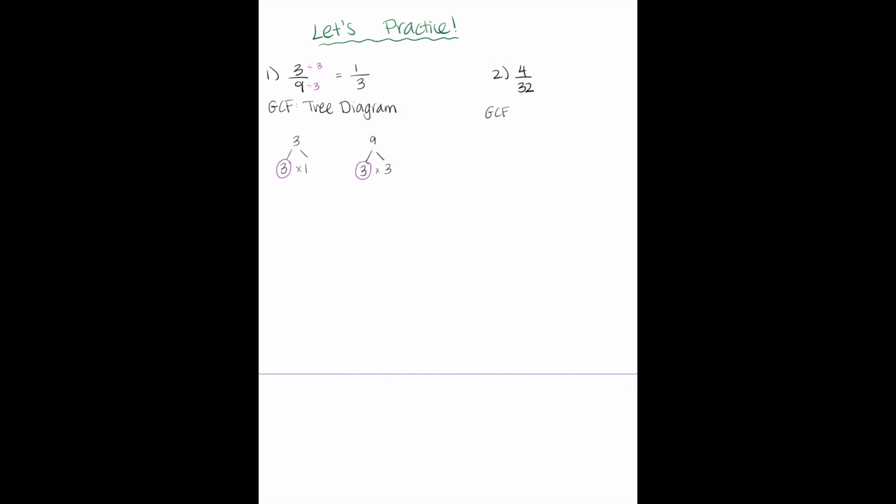Now for number 2, we have 4/32. We're going to have to do the same thing. We'll make a tree diagram, find our greatest common factor. We'll have separate tree diagrams for our numerator and our denominator. So we'll have 4 and 32. And now we're looking for factors of 4 and factors of 32. We want to find the greatest one, right? So we know that 4 breaks up into 2 times 2, and that 32 breaks up into 8 times 4.